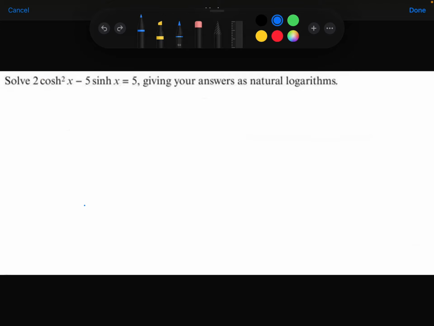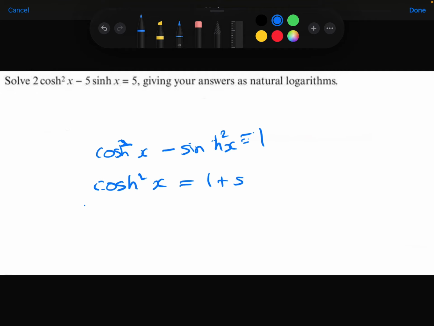Remember that cosh squared x minus sinh squared x is equal to 1. So therefore, cosh squared x is going to be equal to 1 plus sinh squared x. So I'm going to replace that cosh squared with 1 plus sinh squared so that it matches up with the sinh.